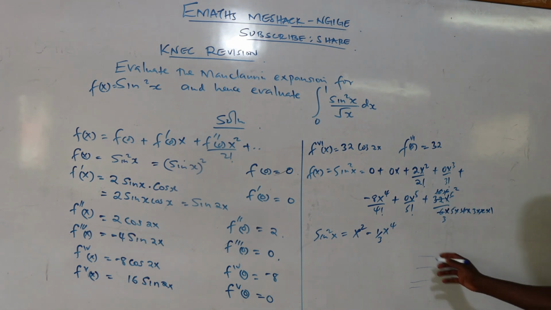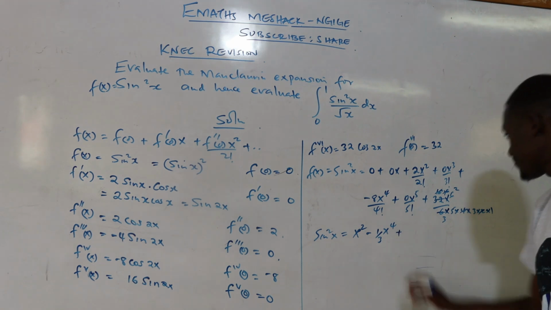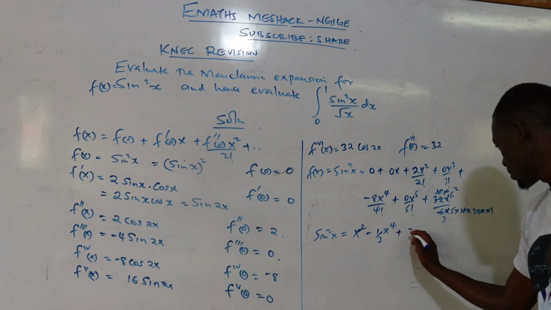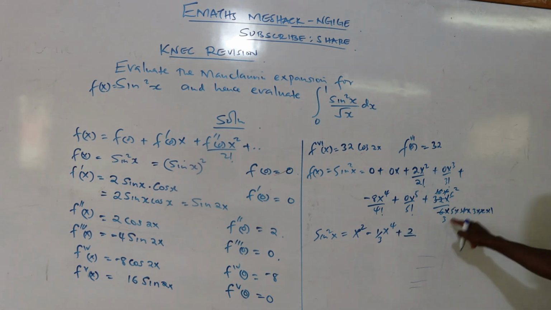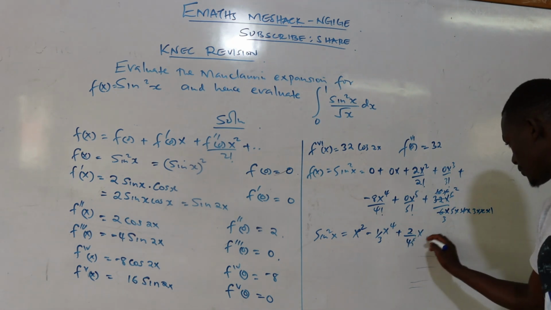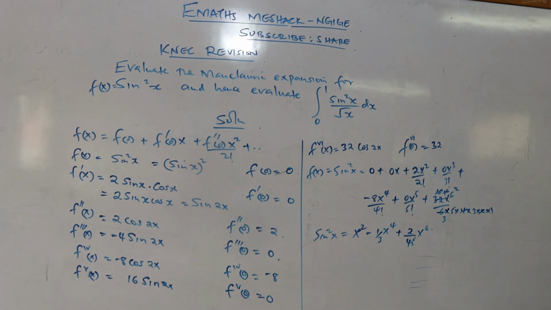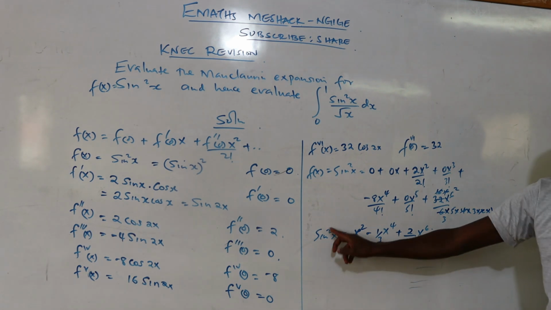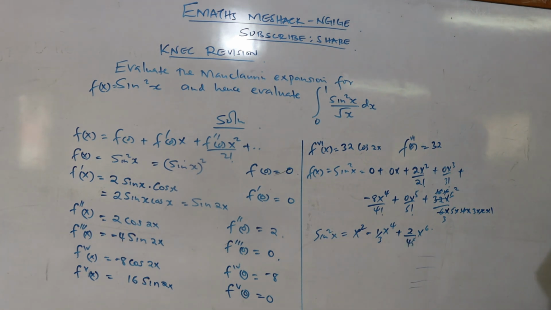So therefore our numerator will be plus 2 all over, this one is 15, 15 times 3 is 45 x to power 6. Therefore, your expansion for sine squared x using the Maclaurin's series will basically be given by x squared minus a third x to power 4 plus 2 over 45 x to power 6.